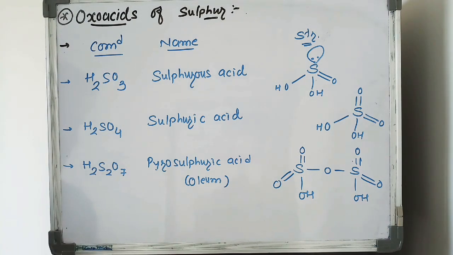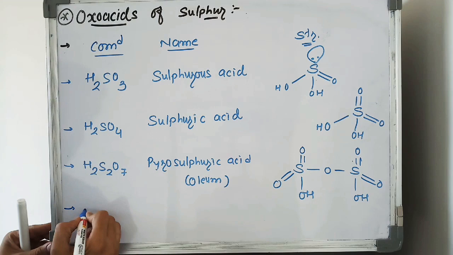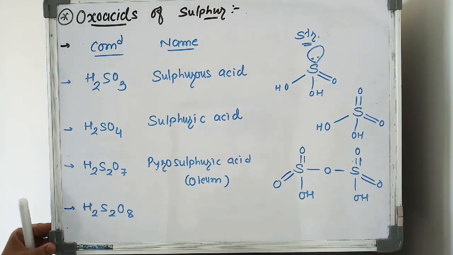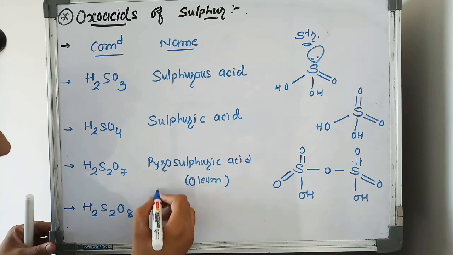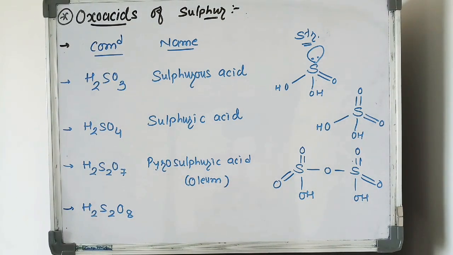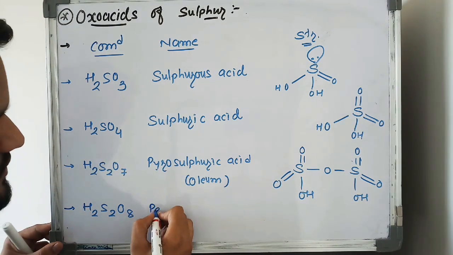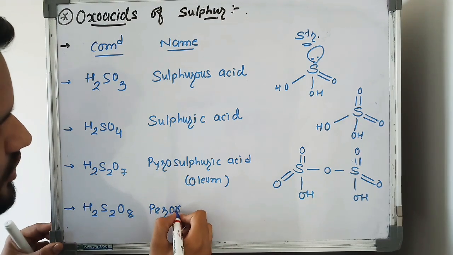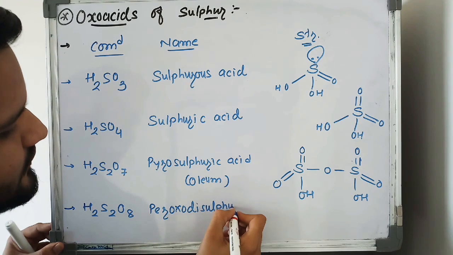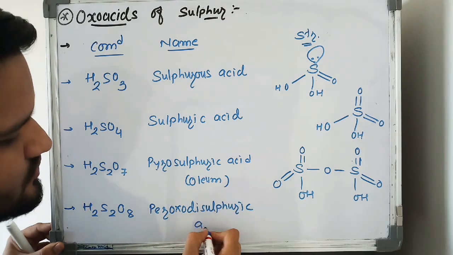And the last one is H2S2O8. H2S2O7 is called pyrosulfuric acid, while H2S2O8 is called peroxodisulfuric acid.